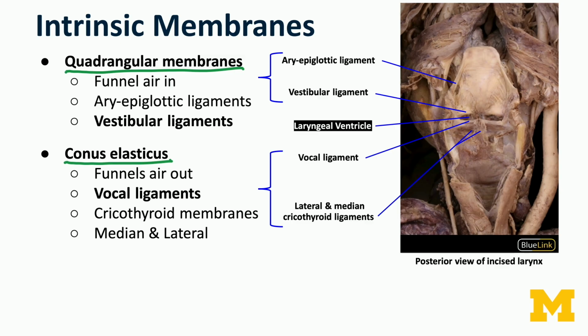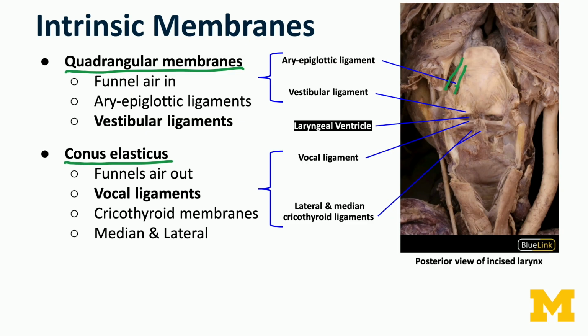Let's start superiorly or proximally and work our way down. So we'll begin with the quadrangular ligaments. Their role really is to help funnel air into the rest of the respiratory tract. As we look laterally, there are subsets within this.